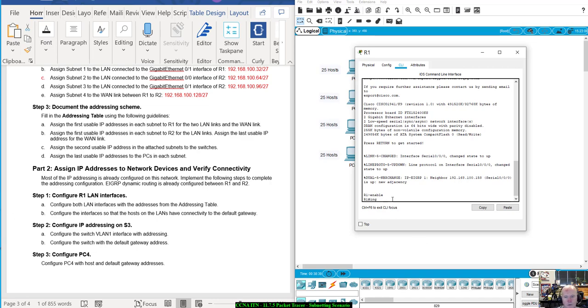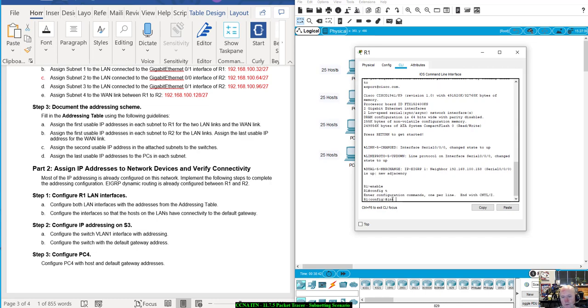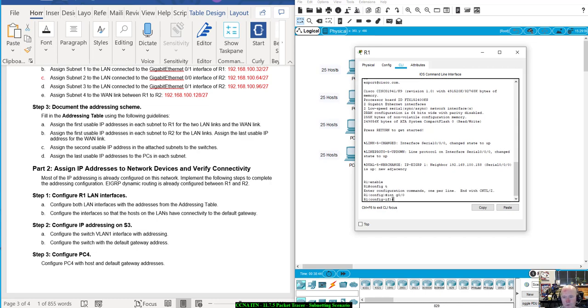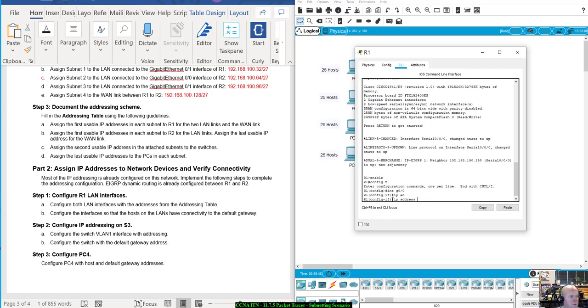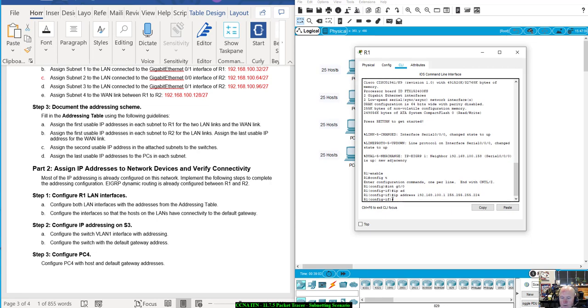Configure terminal, interface gigabit 0/0, IP address 192.168.100.1, 255.255.255.224. Remember, make sure the .224 is in the fourth octet. No shut.